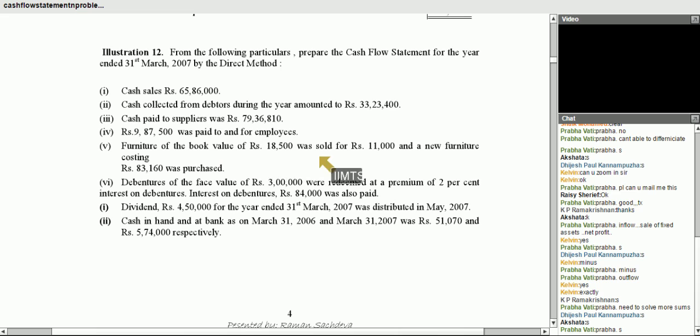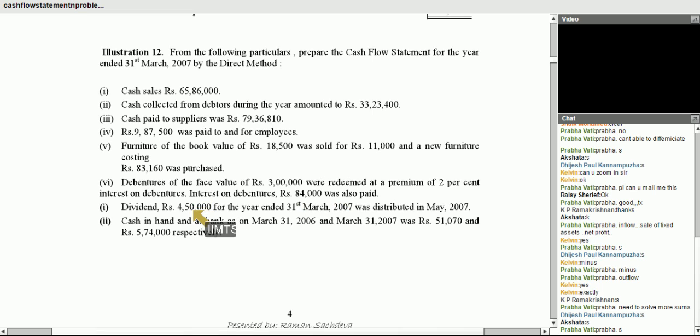Furniture booked for 18,500 was sold for 11,000 and new furniture costing 83,160, rupees 83,000, was purchased. Debentures of the face value of rupees 3 lakh were redeemed at a premium of 2%. Interest on debentures, rupees 84,000, was also paid.